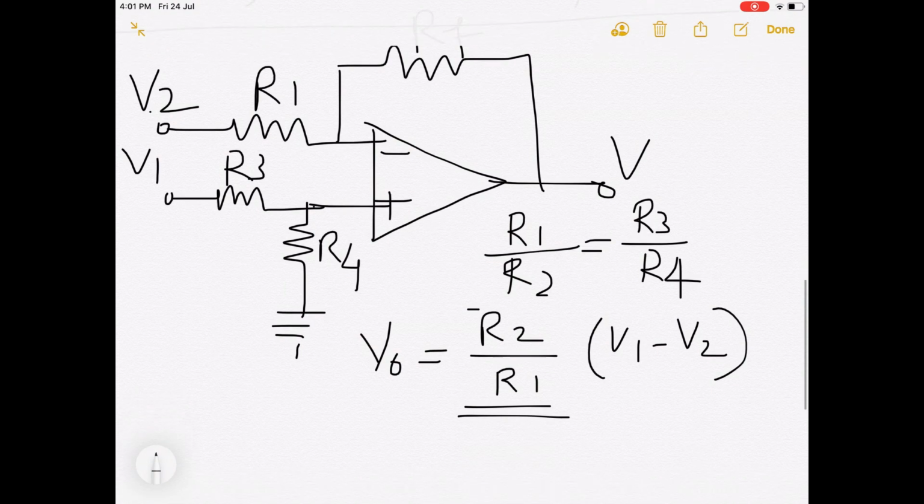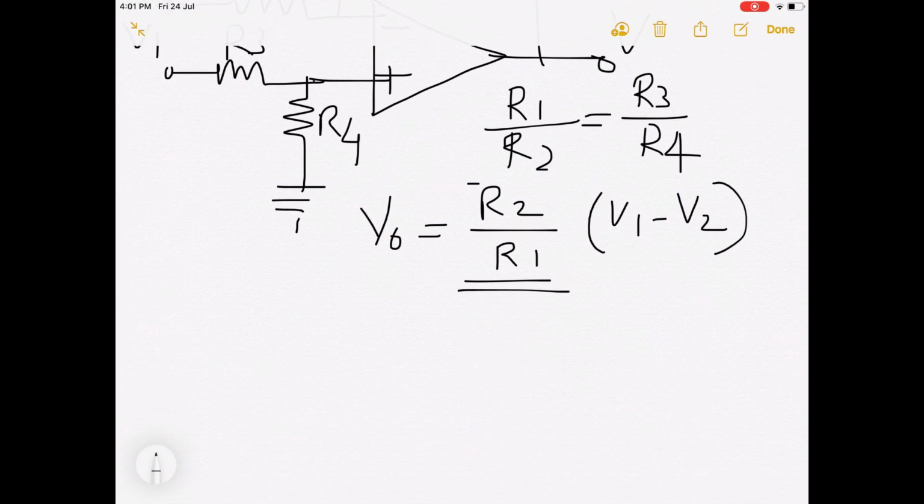The differential amplifier discussed above has its input impedance limited by the value of resistor R1. So, the gain of the difference amplifier is decided by the term R2 by R1, which restricts the use of a high value of R1.